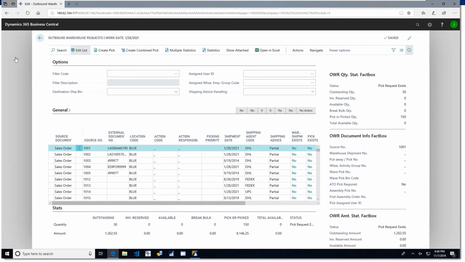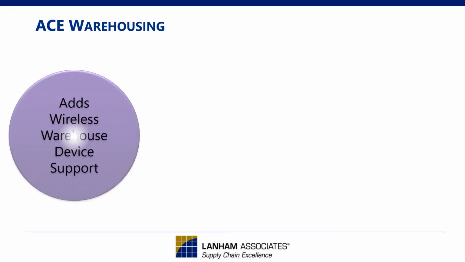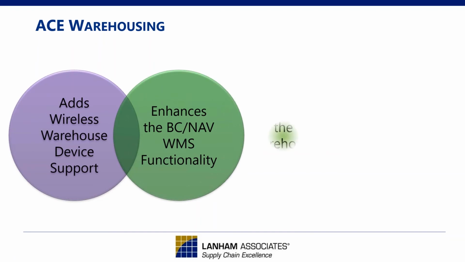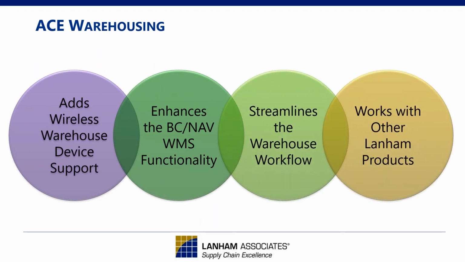Now, ACE Warehousing is our wireless mobile enablement of the warehouse, right? So the first bit of functionality that ACE Warehousing brings is simply wireless warehouse device support. But we go further than that. I think the phrase that I've kind of related to lately is more than mobile.